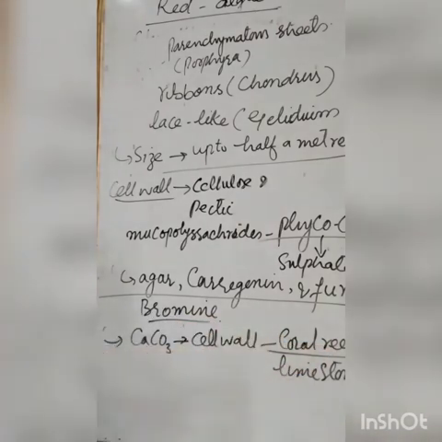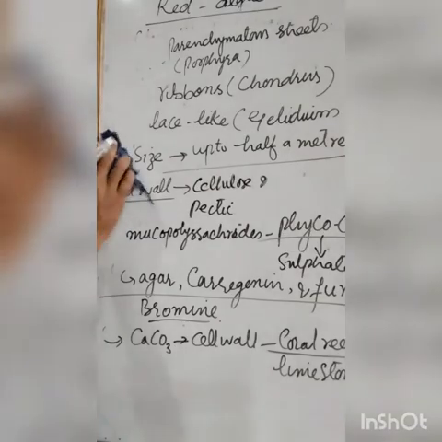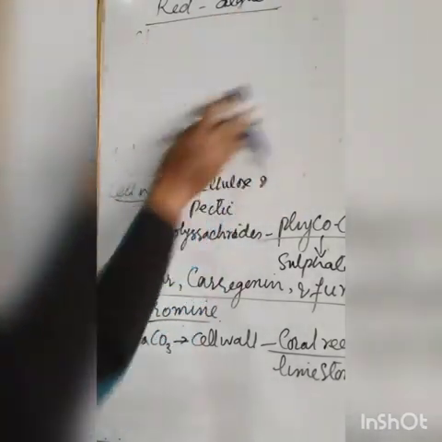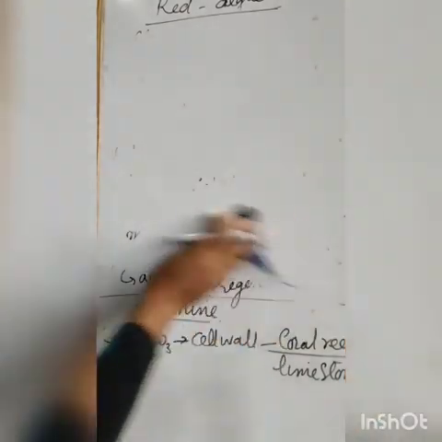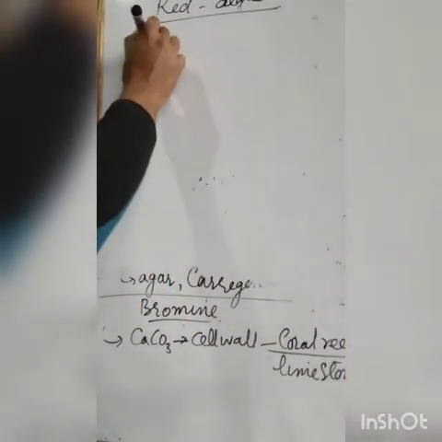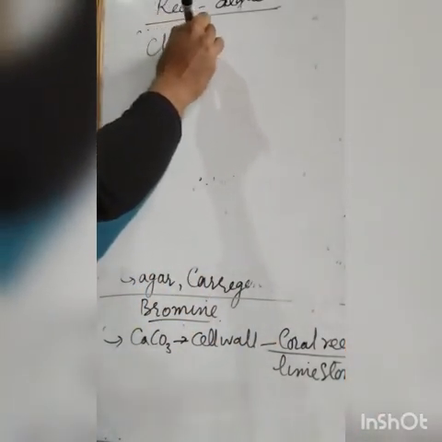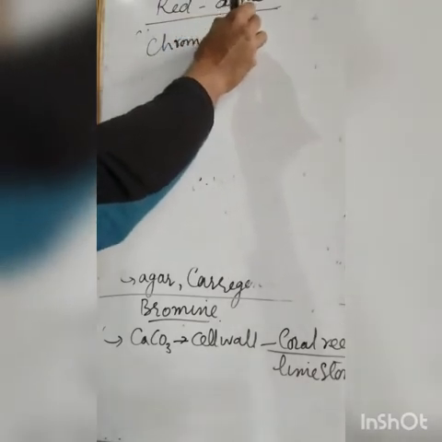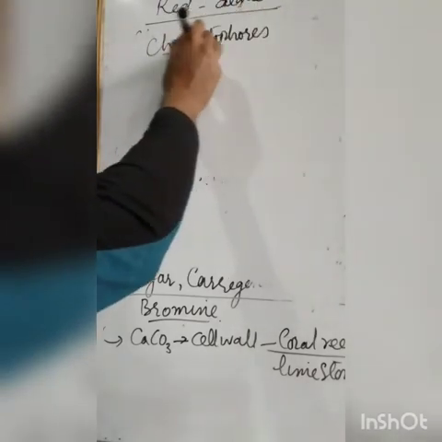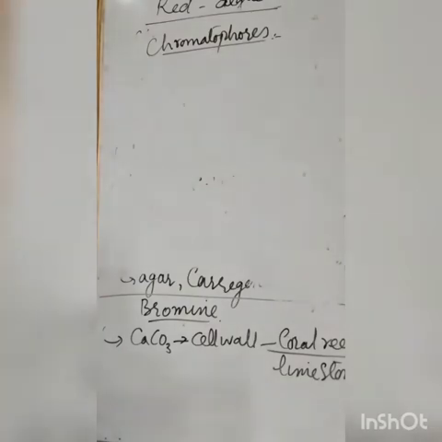Now the photosynthetic organelles are chromatophores. Chromatophores are like the chloroplasts, but they are not called chloroplasts.